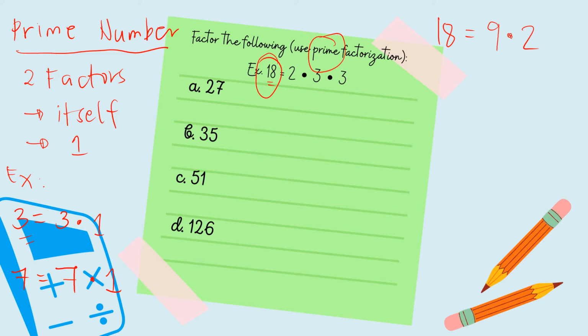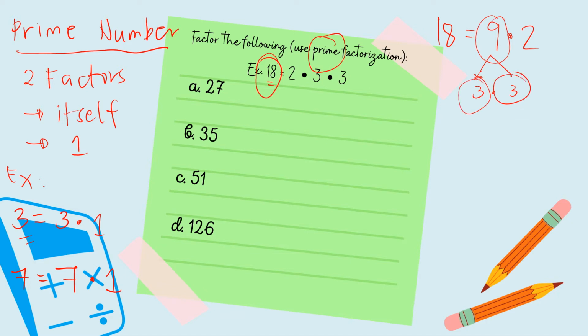Is 9 prime number? No. Because si 9, pwede pa siyang i-factor into 3 and 3. Tama? Because 3 times 3 is 9. Okay. So, hindi pa siya prime number. Pero nung finactor natin itong 9 na to, it results to 2 prime numbers.